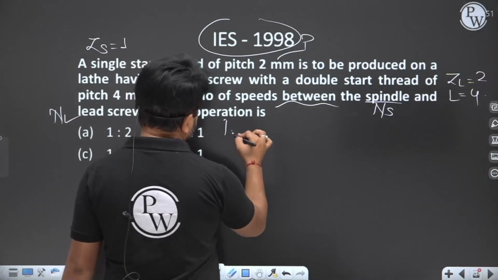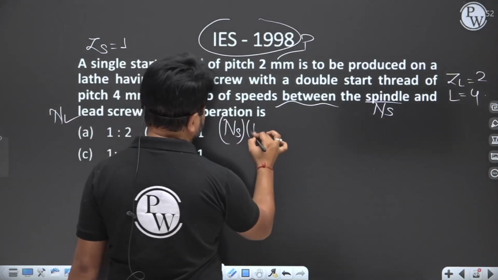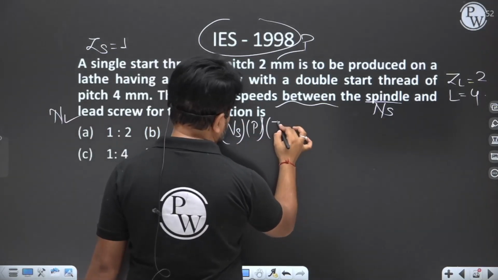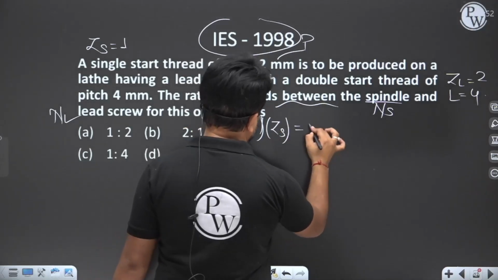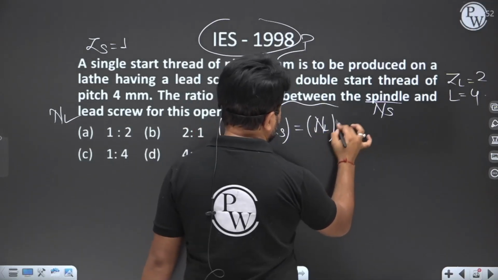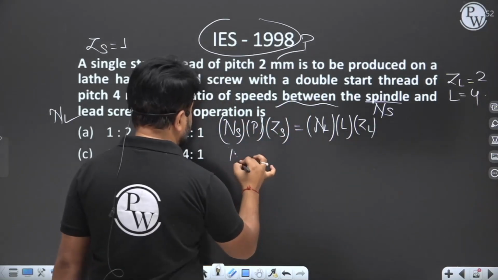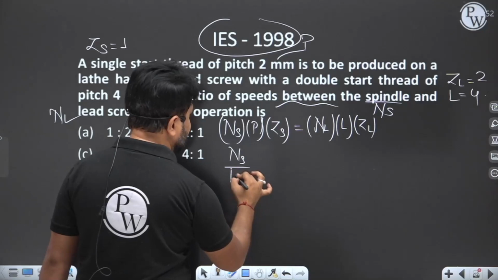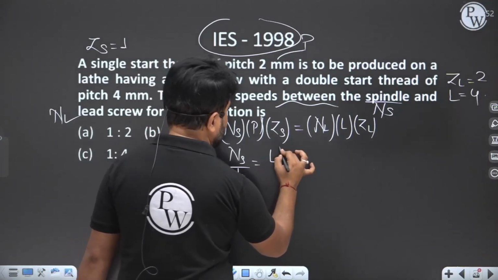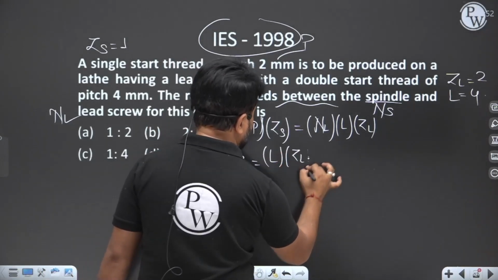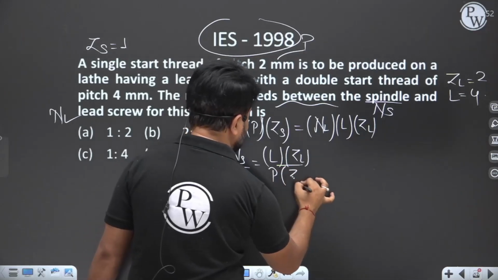You know NS into pitch into ZS equal to NL into L into ZL. So you have to find NS by NL, that is L into ZL divided by P into ZS.